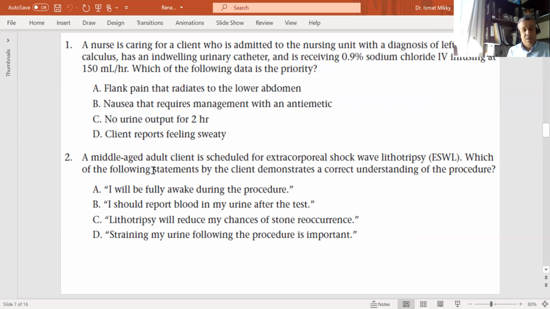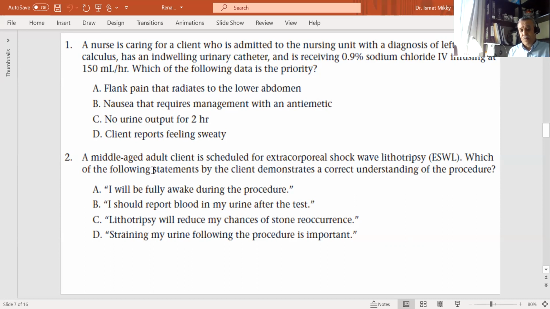So the priority finding is no urine output for the last 2 hours. The flank pain, which radiates to the abdomen, nausea, and sweating, all of these are important findings, but not the priority. The priority is no urine output for the last 2 hours.